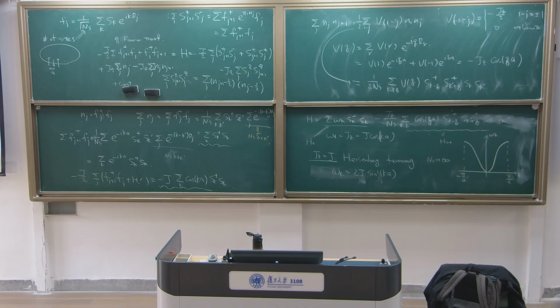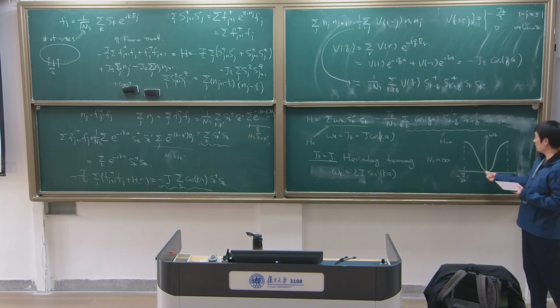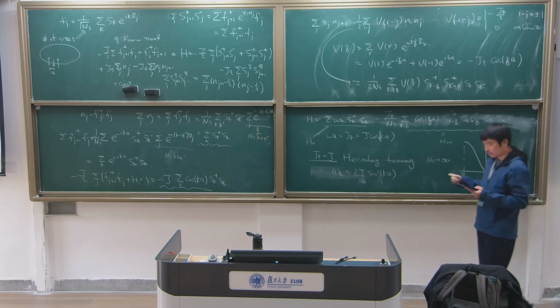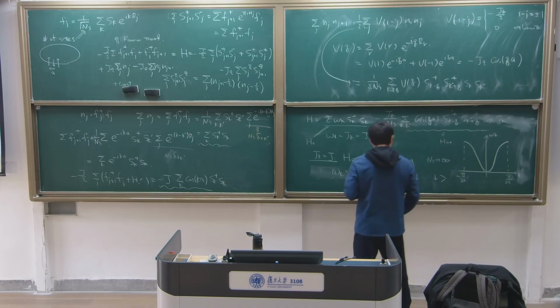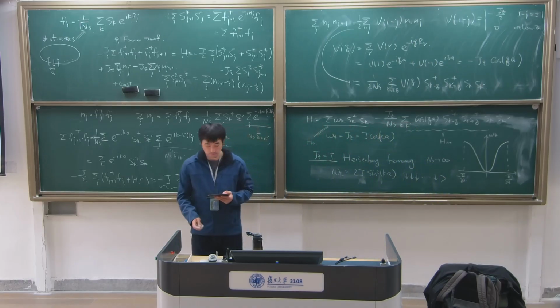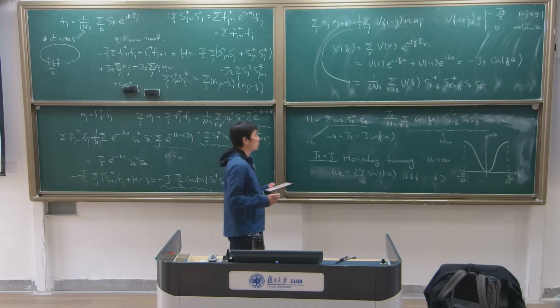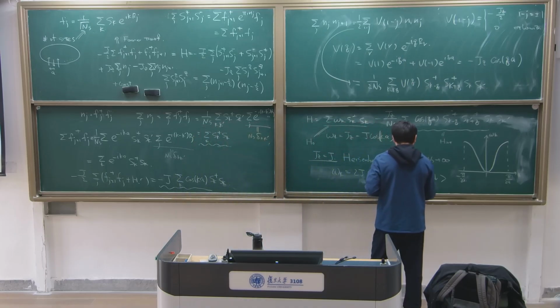Sorry, is it okay? Something like that. So the ground state is here, and then there's a continuous spectrum you can have. And of course, the ground state is something like this one. So this is the ground state.